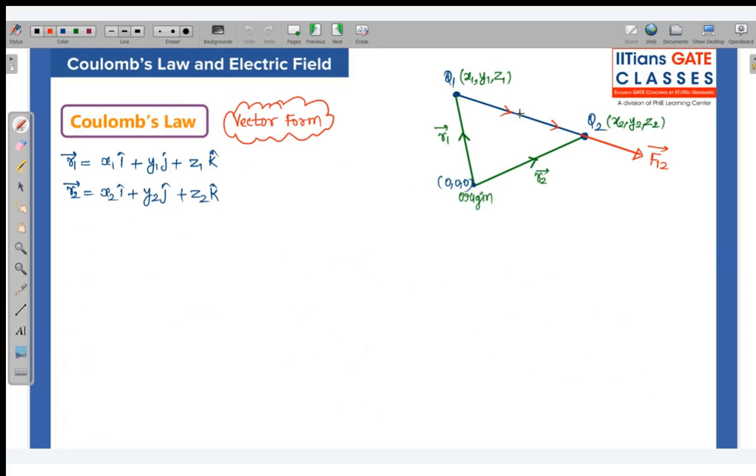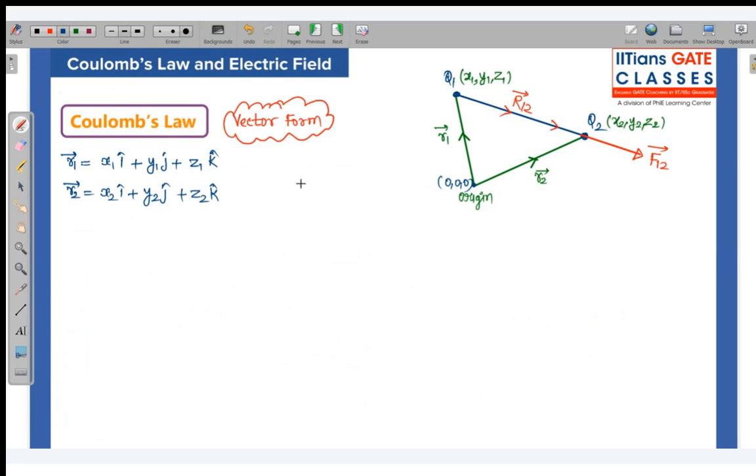When we want to calculate the distance between these two charges Q1 and Q2, we call it a displacement vector, because we are moving from the location of charge 1 to the location of charge 2, r12.